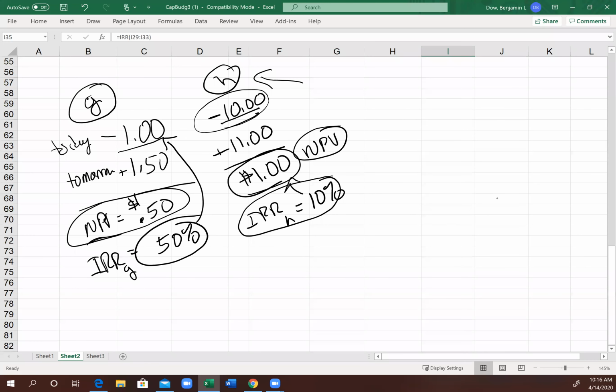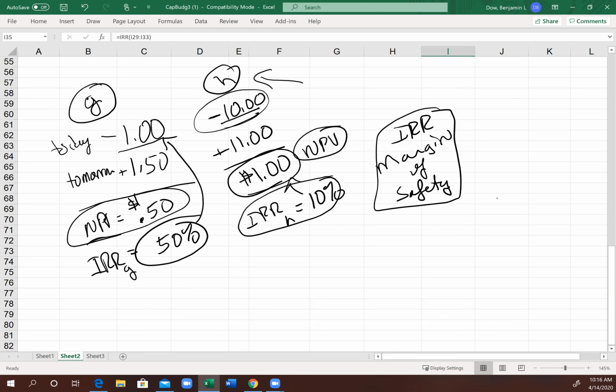Remember, I said the higher the IRR, the greater the margin of safety. So IRR is an indicator of the margin of safety. Because look, what if our estimates were wrong? And the actual cash flows came in at 80% of the forecast.